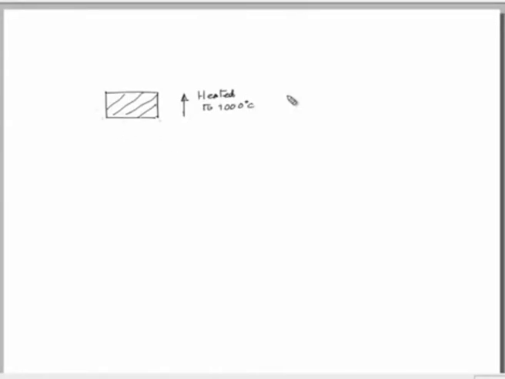Now, I have to apply heat in conventional methods either from one side or from all the sides. So, this is the conventional means of applying heat.